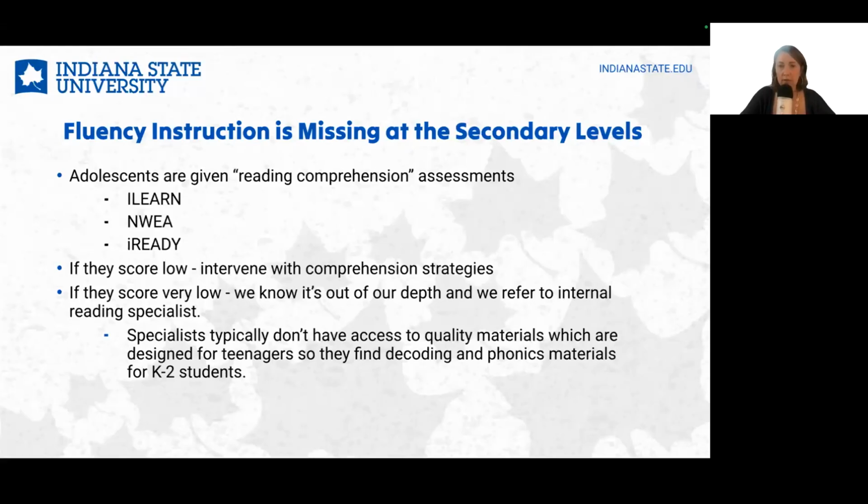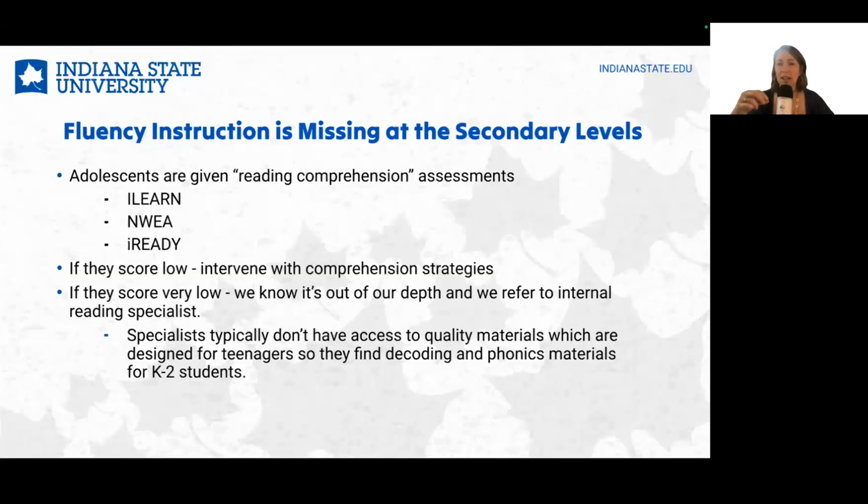So students receive these reading comprehension tests. If they score low on these tests, they're going to look at the data. They'll see students are advanced, proficient or at level, or below proficiency or way below proficiency. And they'll categorize them like that. And so if they group them, they'll try to remediate or provide intervention for students with comprehension strategies.